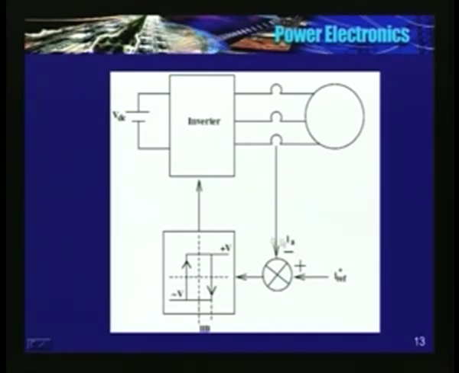Okay. This is the actual. Plus minus. What do I get? I will get the error. And this error should lie within this hysteresis. This is HB, this is also HB. And the signals go to the driver circuit to turn on and off the switches.